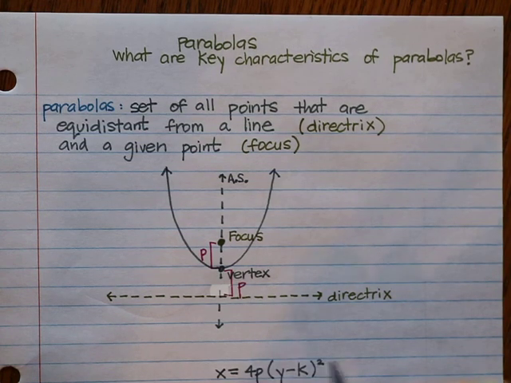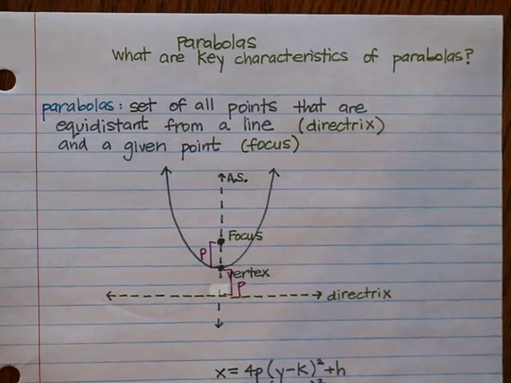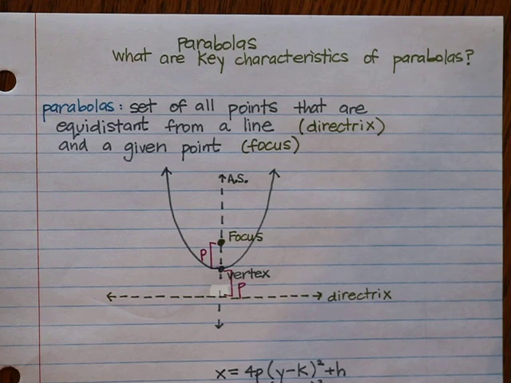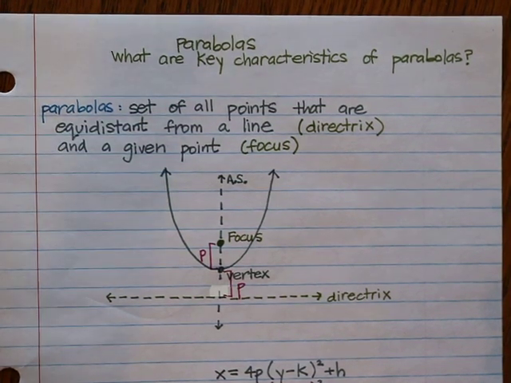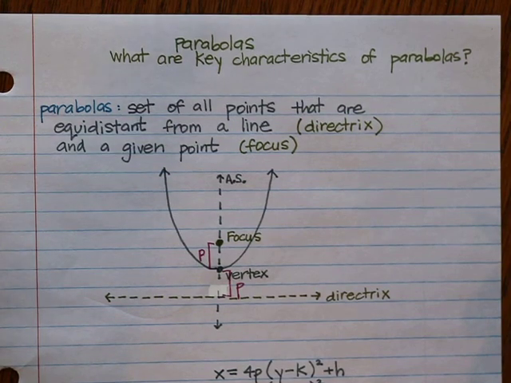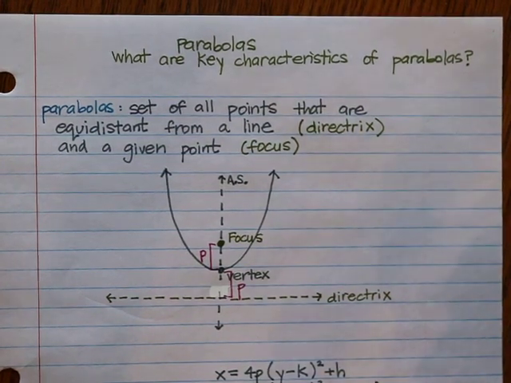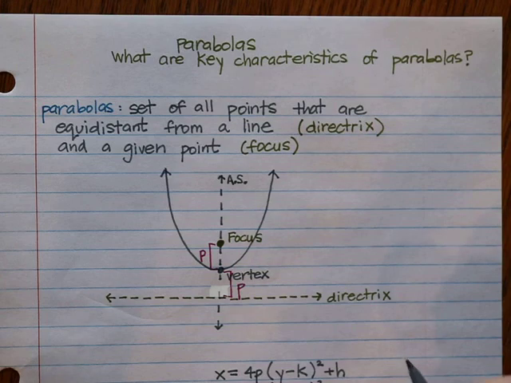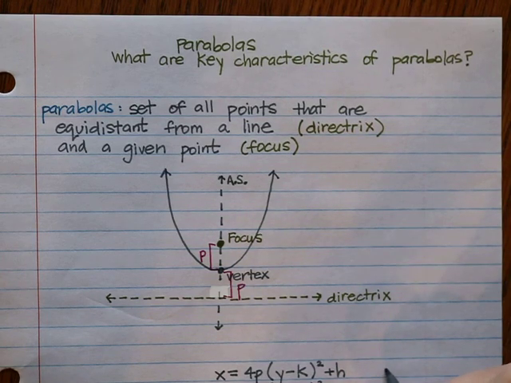Tons and tons of letters today. I promise you'll be okay, and we'll make sure we give them all specific roles. Those two equations are the same. It's just a matter of is h attached directly to x or has it been moved to the other side? We've seen both, so just being mindful of what really happens with that. The other version is instead of being x equals, we're going to do y equals.